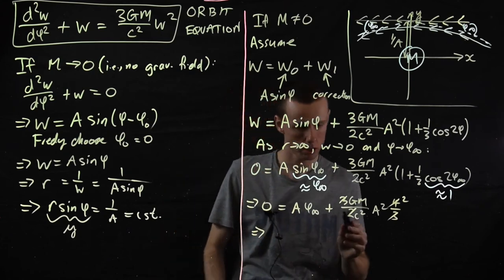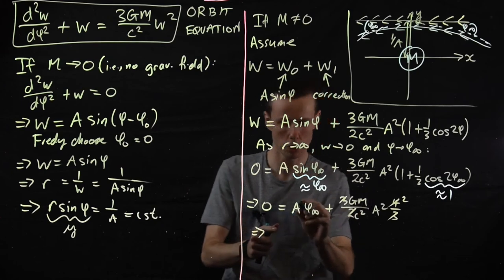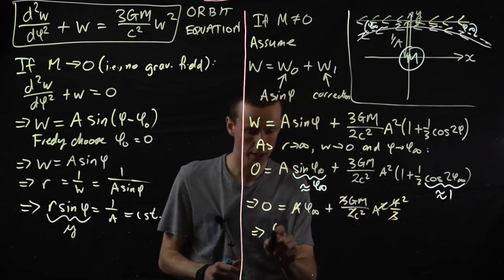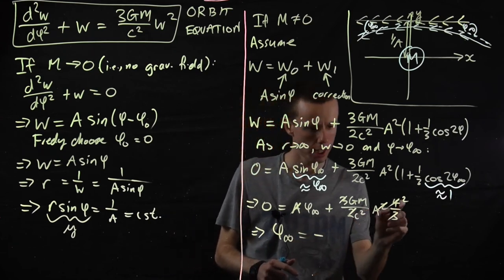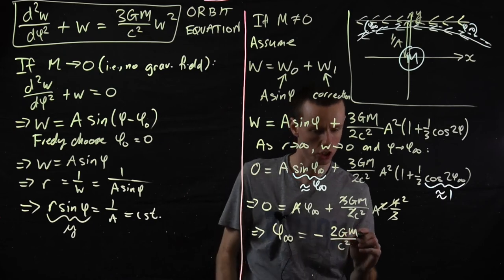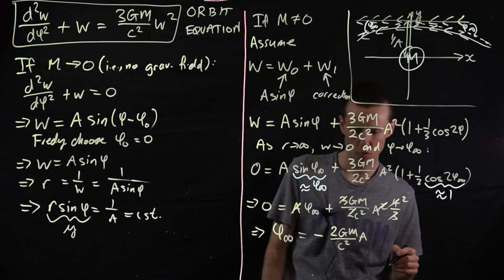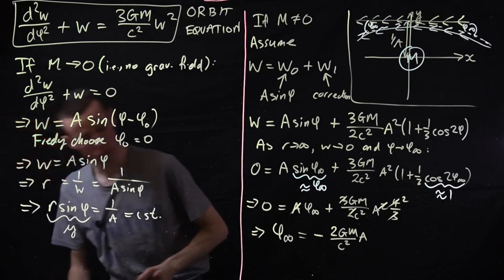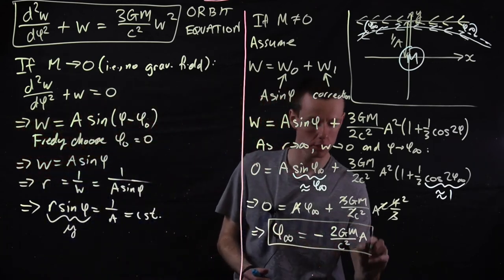There's an a there and an a there that will cancel as well. So in the end, we get phi infinity equals minus 2GM divided by c squared a. Let me just check I got that right. Yes.